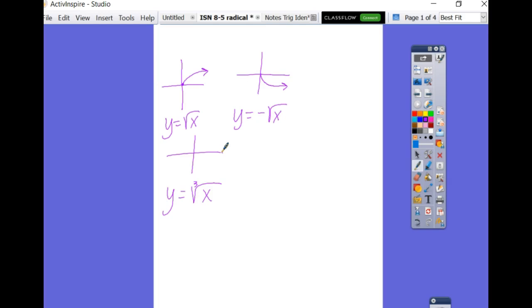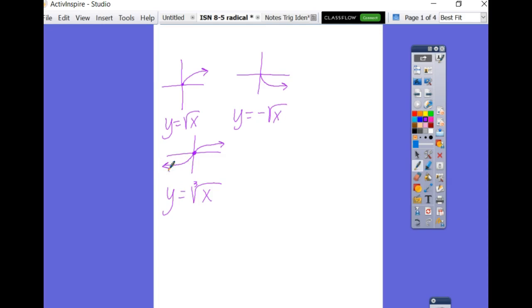Okay, so what about the cube root? Where's the point that I need for the cube root? Where does it have to go, first of all? And then the cube root has this and this, right?